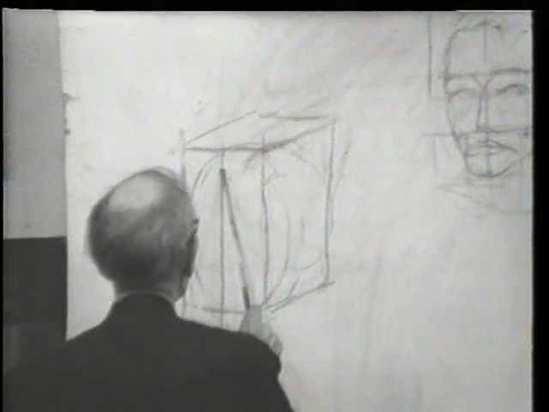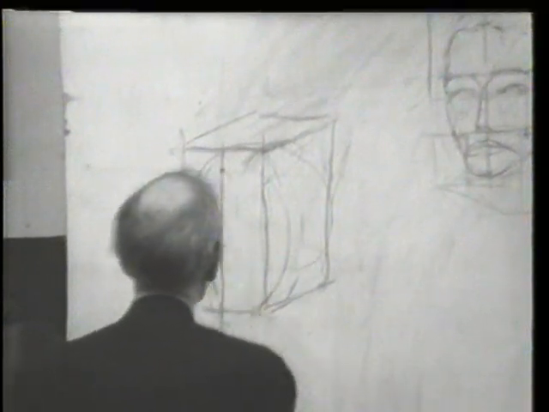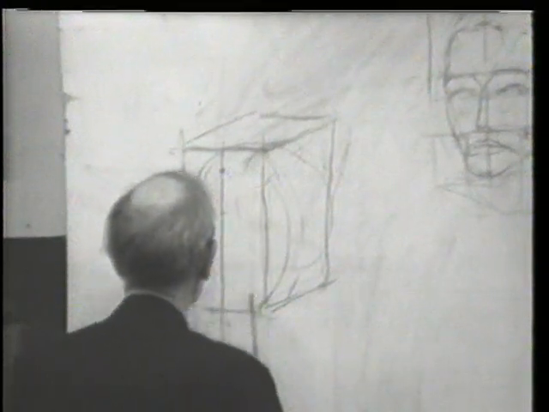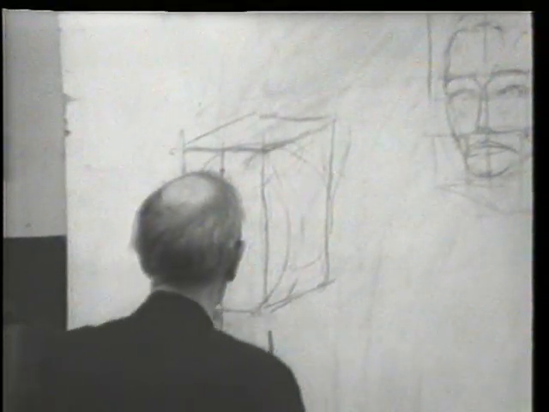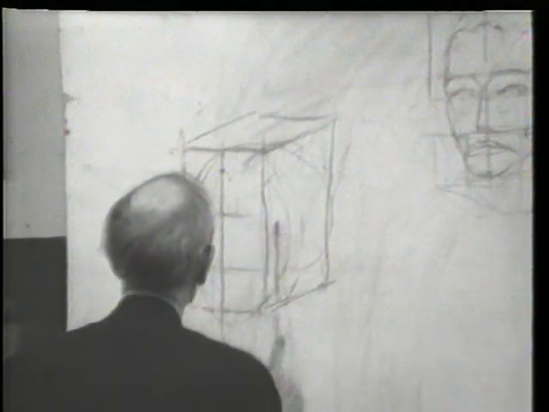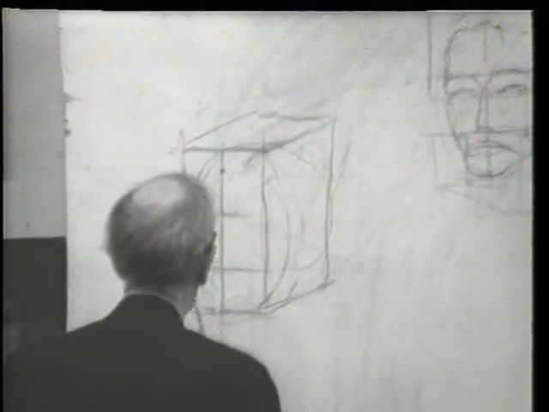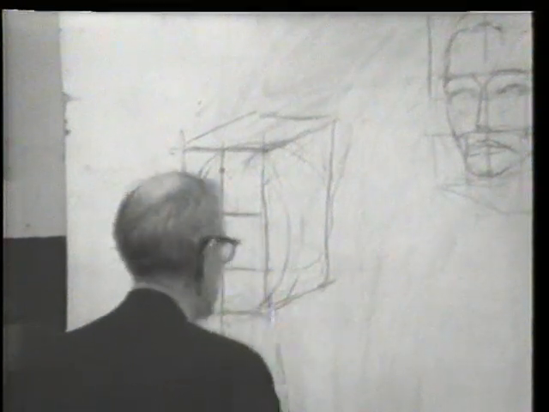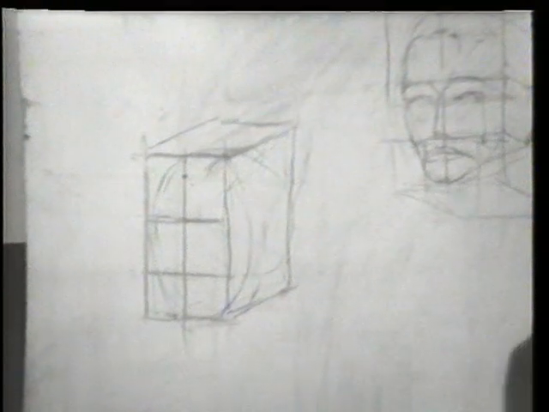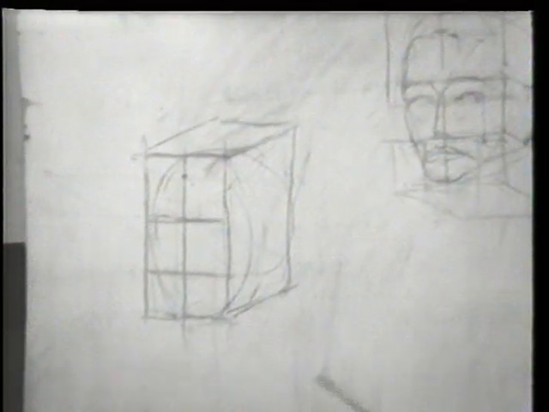Again, on the center line, we get the rule of three. Yeah. Those are the width lines, you see. They're all parallel one to the other in this type of drawing I'm doing, which is architectural.